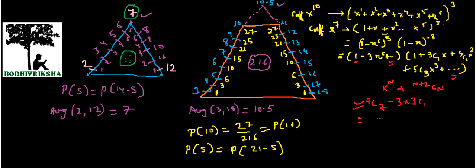If you calculate it, 9c7 is nothing but 8 into 9 upon 2, and this comes out to be 27, which is what we had over here. So this is very important. You need to consider the second term as well, maybe the third term as well, depending on which power of x's coefficient you are looking for. I hope you got the concept here as well.